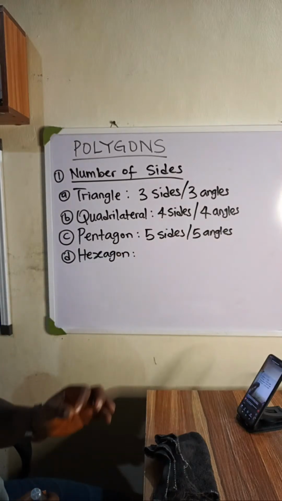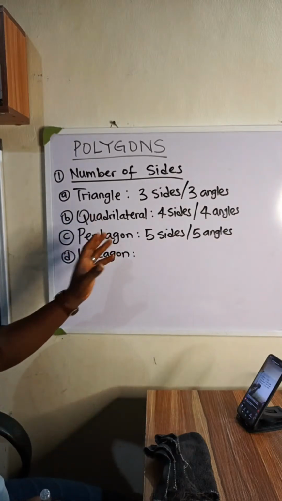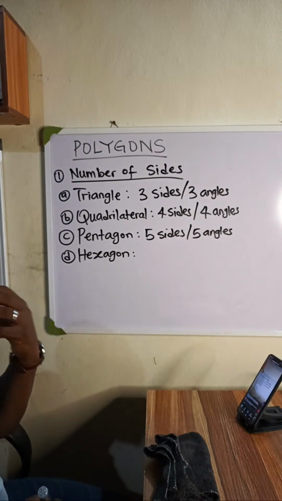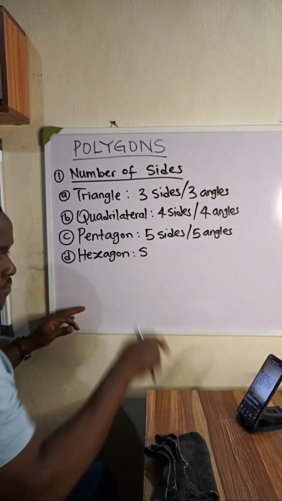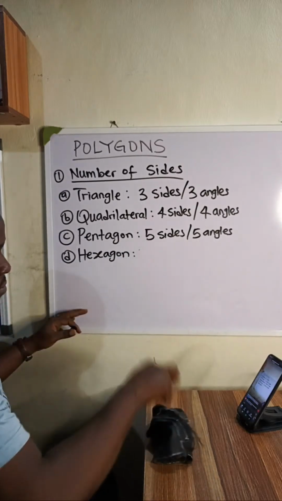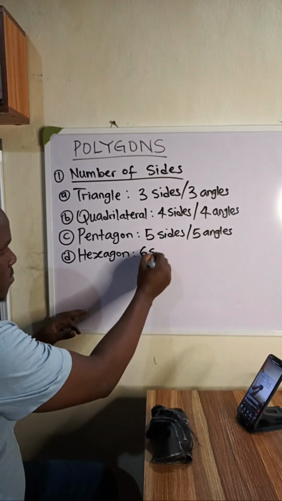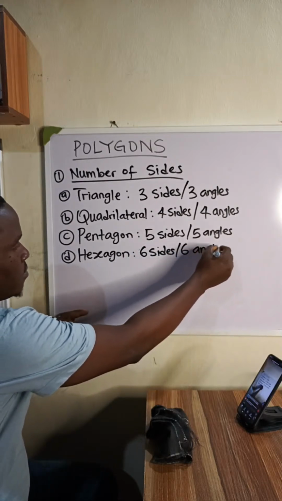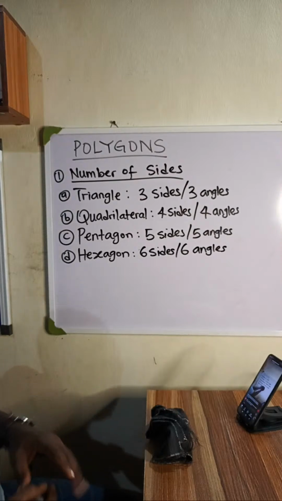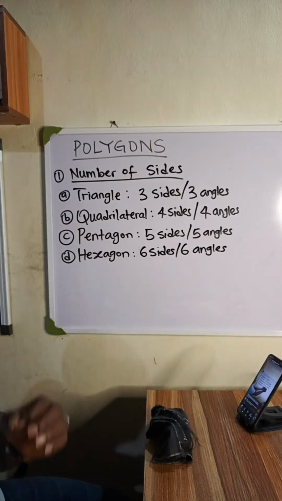So remember, this classification is based on the number of sides of the polygon. So a hexagon has 6 sides, 6 angles. Okay, so a hexagon has 6 sides and 6 angles.